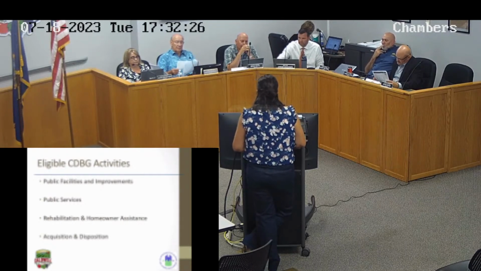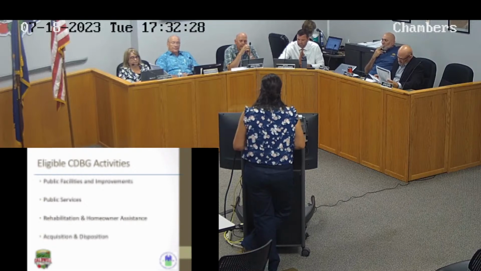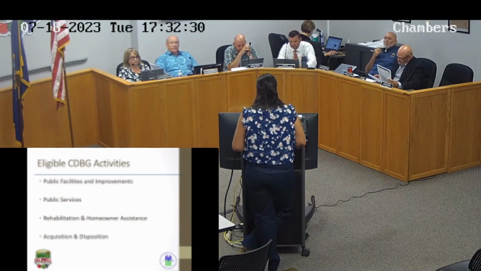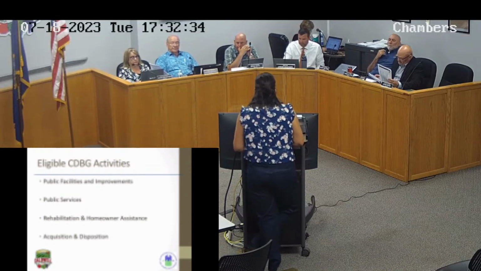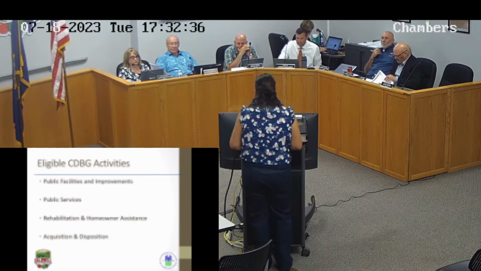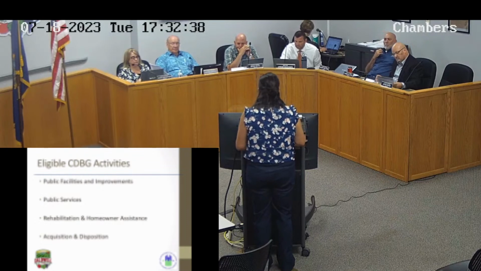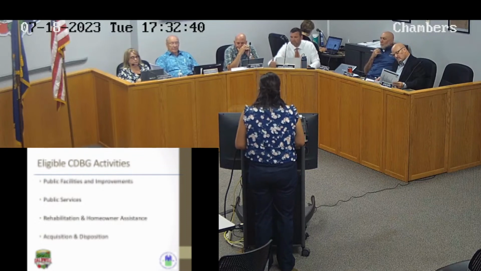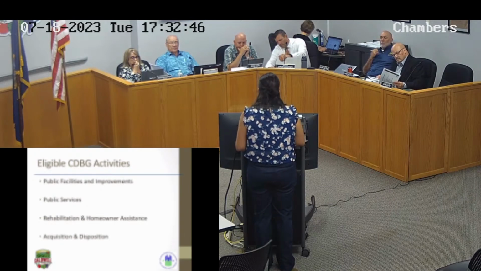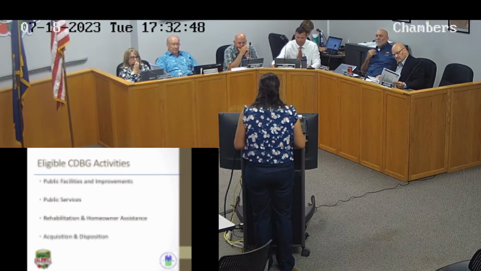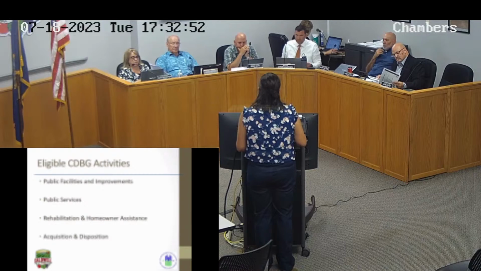This provides safe and affordable housing for our low to moderate income residents in the community. We do acquisition and disposition. This is done to support the creation of new rental housing, new homeowner housing for low to moderate income citizens. And the disposition would include surveys, marketing, preparation of documents, and site preparation. The funds can be used by us, or public nonprofits or private nonprofits.